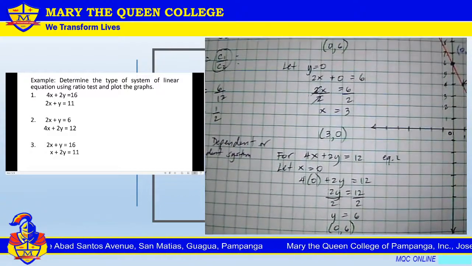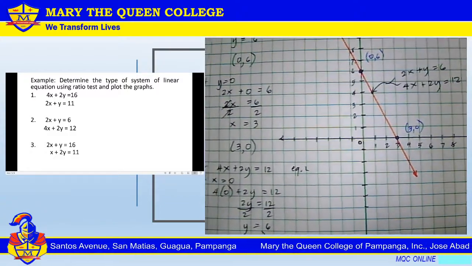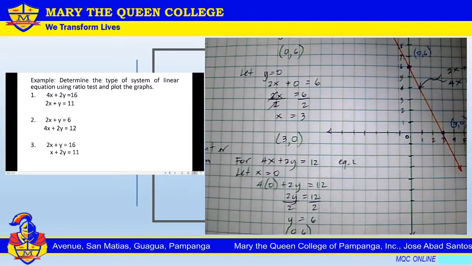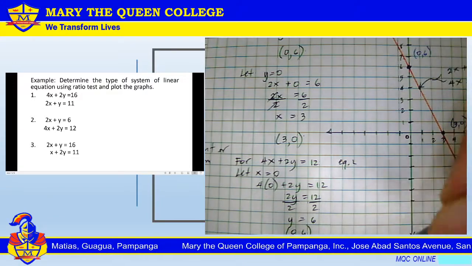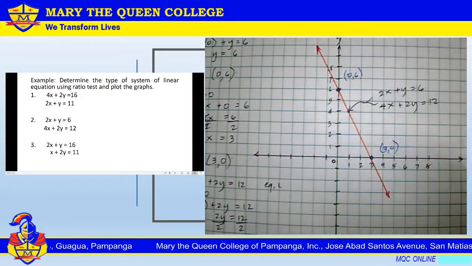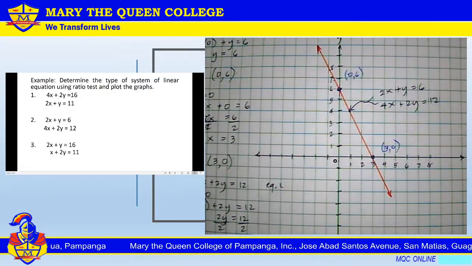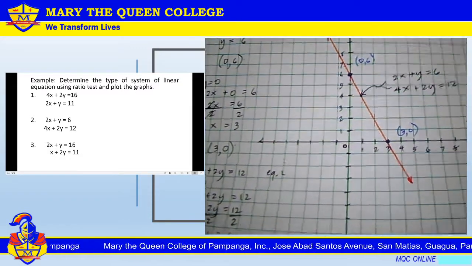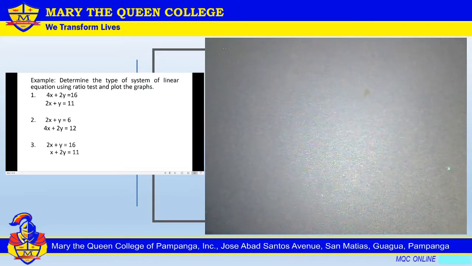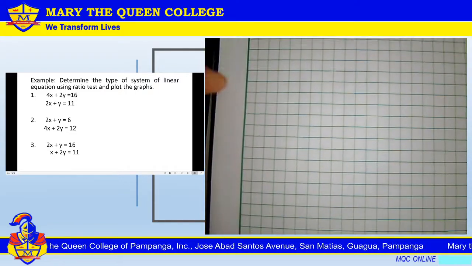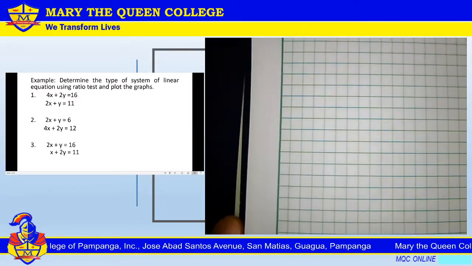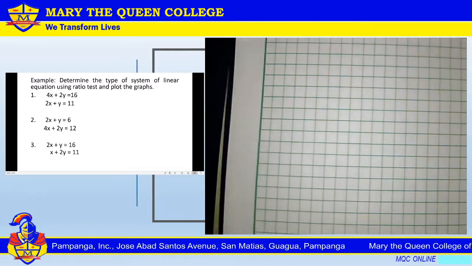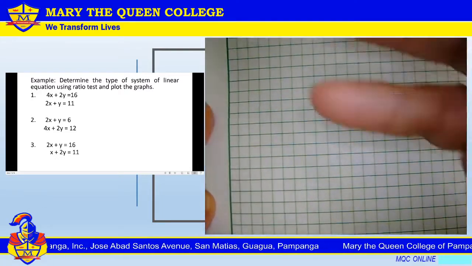And if you need to plot, just simply solve for the x and y intercepts, determine the set of points to consider, then graph it using the Cartesian plane. So for our last example, we have number 3: 2x plus y is equal to 16. Maybe you already have an idea what kind of system our last example is.